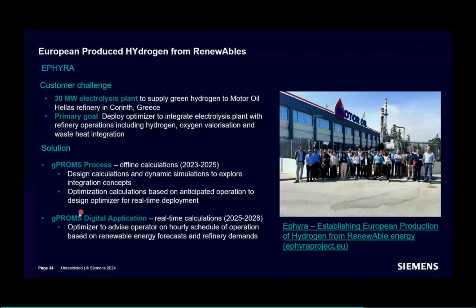So at the moment, the consortium is using gPROMS as an offline calculation tool to perform design calculation and basically optimize the layout of the system. And the next step is to actually move into a real-time digital application in which the user can visualize the operation through a real-time dashboard, and eventually run real-time optimization and change the schedule of operation of the plant.